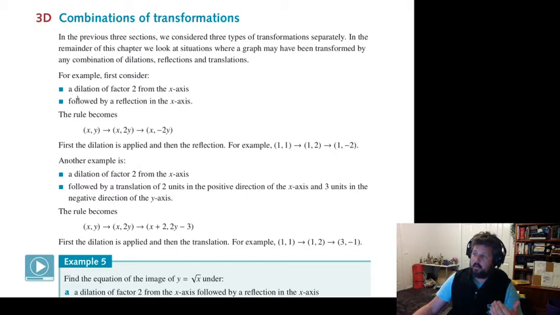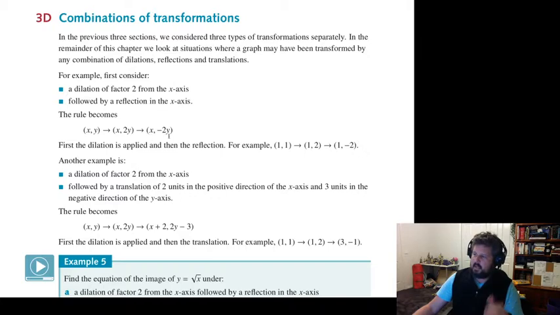If another combination's happened after that one, it's followed by a reflection in the x-axis. Reflection in the x-axis means obviously we're going to be getting the negative value of the y coordinate. We're taking the negative value of that, it becomes negative 2y.